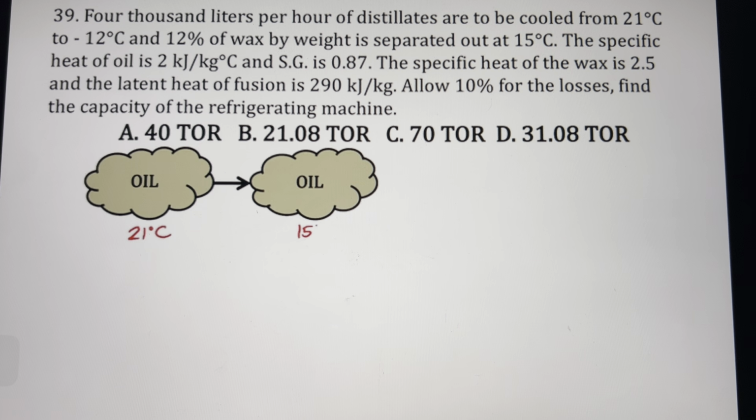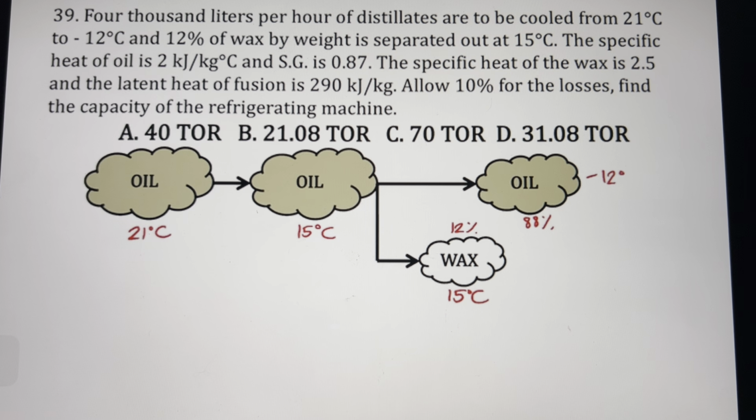So the remaining 88% is still in liquid form, which is oil. And that oil is to be cooled down to our final temperature, which is -12 degrees Celsius. Same goes with our wax.